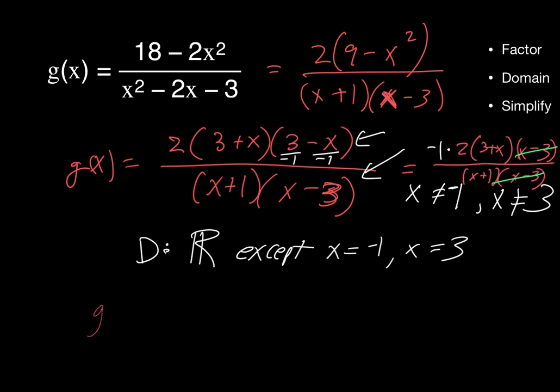So my g of x function would be negative 1 times 2, negative 2, 3 plus x, which we could leave like that. Most mathematicians like to write it the other way around with the x first, but if you have it as 3 plus x, that's fine. Denominator will be x plus 1.